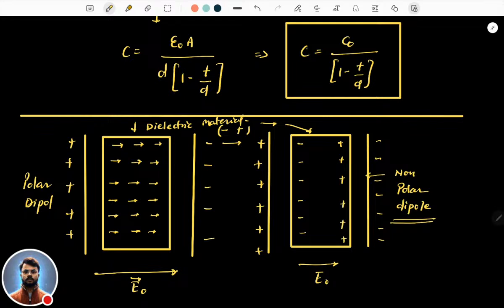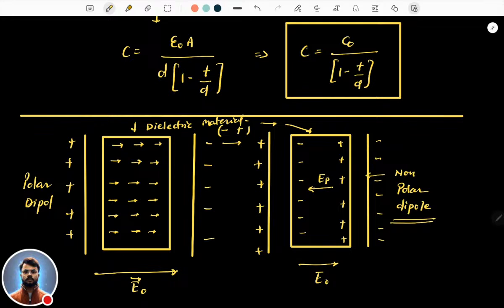So there is a net internal electric field created, that is represented by EP. EP means electric field by polarization. That particular thing is called dielectric polarization. Yes, you got it right. The thing in which the dipoles arrange themselves in the direction of the electric field, which happens in certain materials, is known as dielectric polarization.